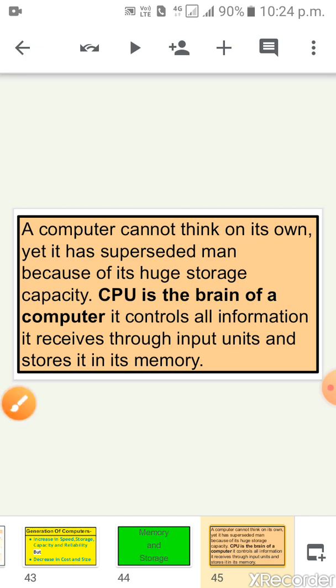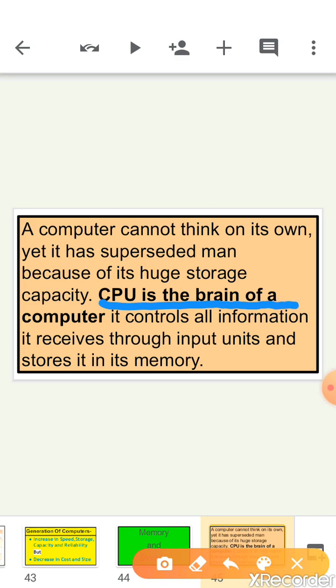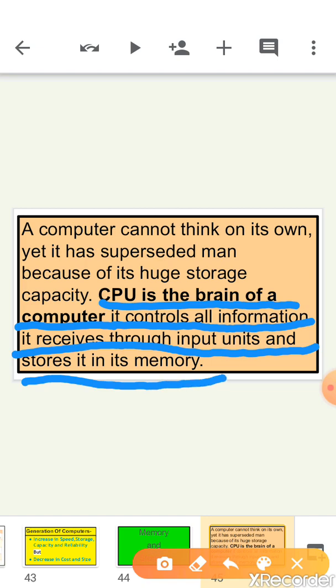CPU is the brain of the computer, you all know. In the previous video, I taught about the CPU, why it is the brain of a computer. The CPU is the brain because it controls all the information it receives through input units and stores it in its memory.